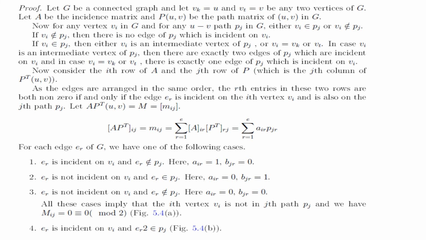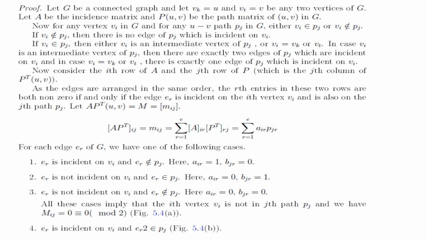Proof. Let G be a connected graph and let Vk equal U and Vt equal V be any two vertices of G. Let A be the incidence matrix and P of UV be the path matrix of UV in G. Now for any vertex Vi in G and for any UV path Pj in G, either Vi belongs to Pj or Vi doesn't belong to Pj. If Vi doesn't belong to Pj, then there is no edge of Pj which is incident on Vi.